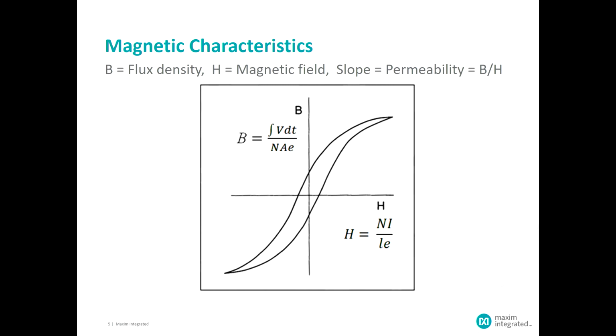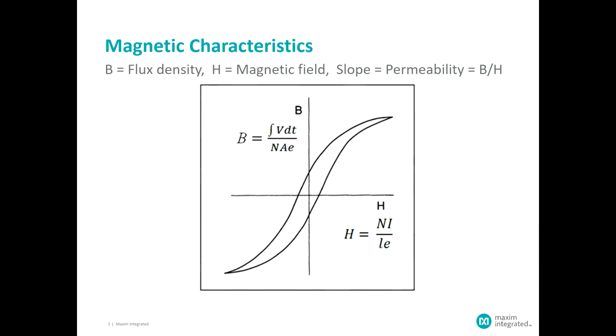Two gentlemen of ages past defined this. Mr. Ampere determined that a magnetic field could be generated with a certain number of turns of wire in a coil and current passing through that coil. So there's a current relationship that helps define the magnetic field.